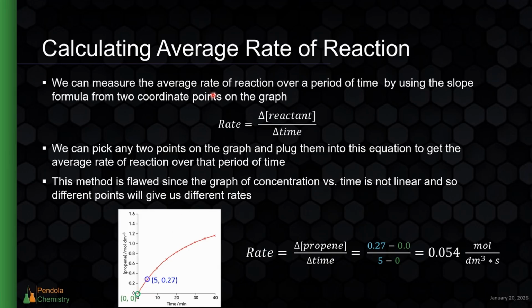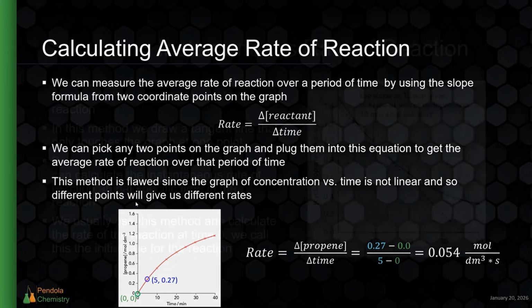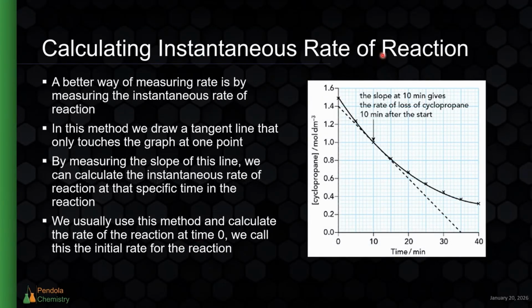And so looking at an average, the issue is not just that it's going to be different from here to maybe up here, but it's actually going to be different within the span of those 2 points. So using 2 data points is not the best way to find rate. The instantaneous rate of a reaction is a much better way of finding rate.